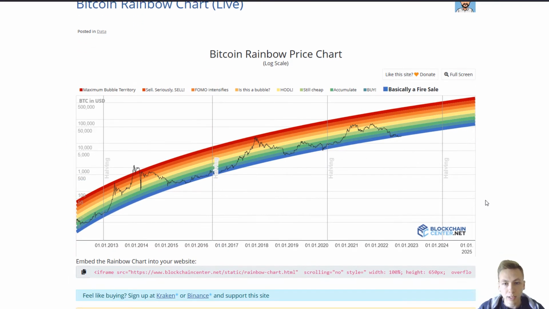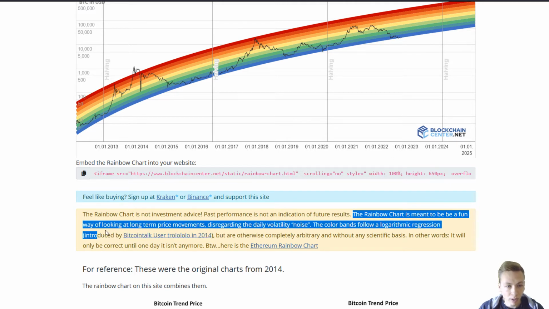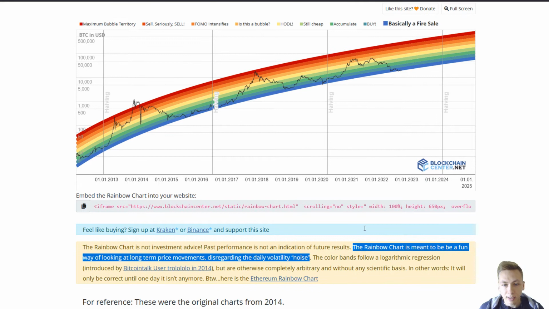So what actually is the Bitcoin Rainbow chart? As you can see here in the description, the Bitcoin Rainbow chart is meant to be a fun way of looking at long-term price movements, disregarding the daily volatility noise. And this is exactly what I'm looking at as a long-term investor, because I don't want to be bombarded with daily news and the daily Bitcoin movements, because obviously Bitcoin is very volatile and moves like that happen all of the time.